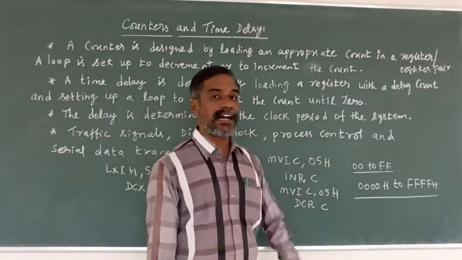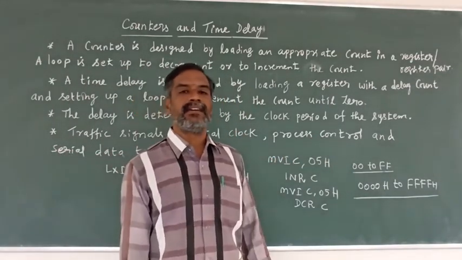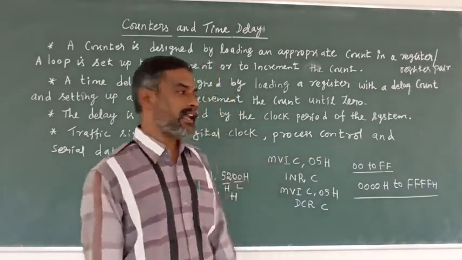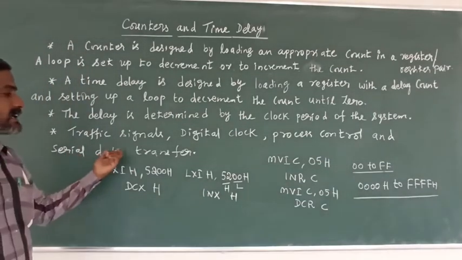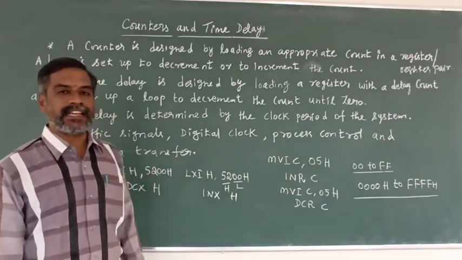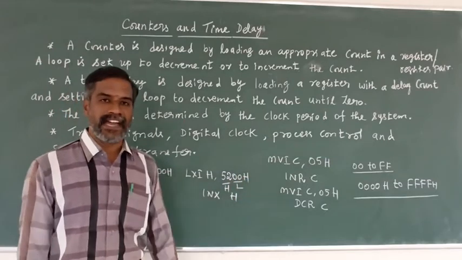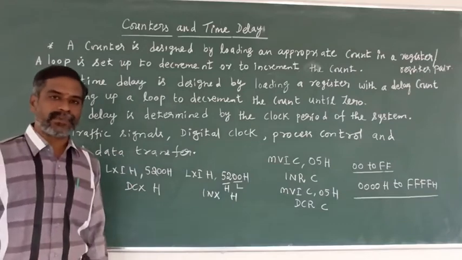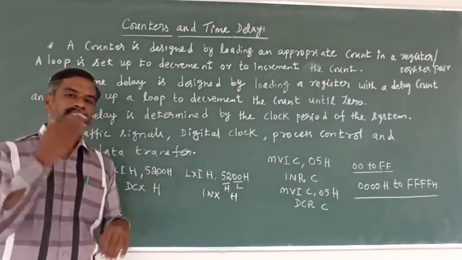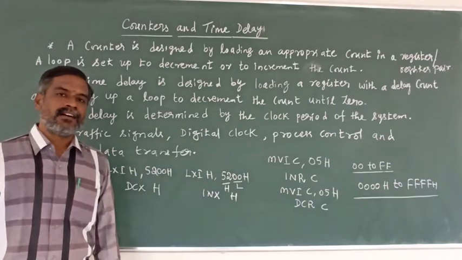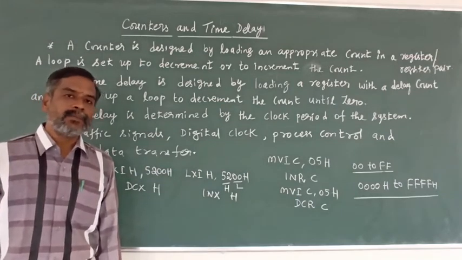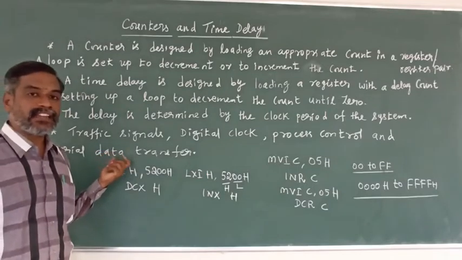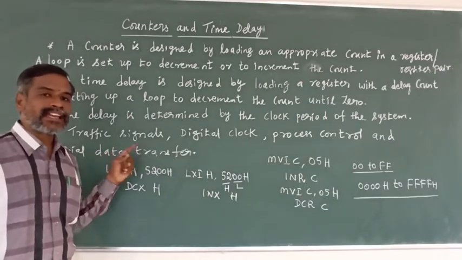And process control, to control devices, also requires time delay. And serial data transfer: if you want to transfer data from one device to another, it also requires some delay. Without time delay, it will transfer data continuously, which is difficult to read. So we give delay between data transfers.